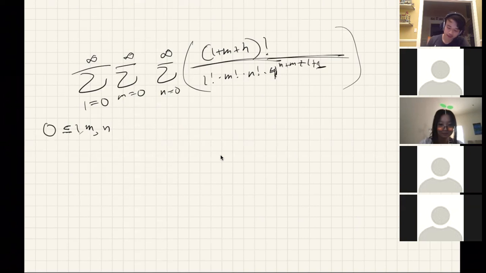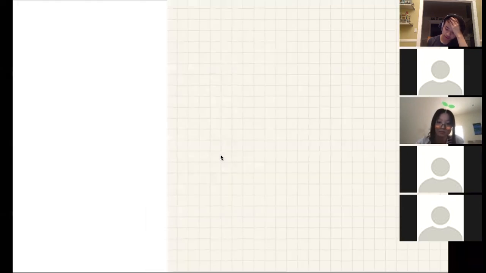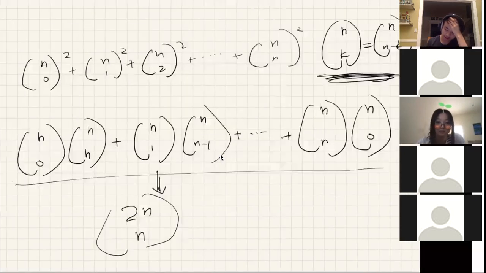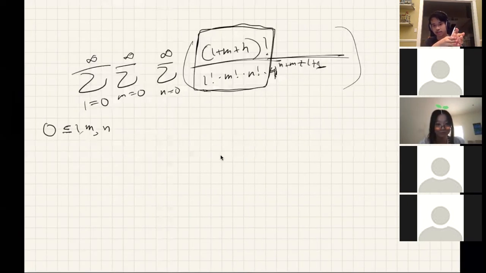This sum is a little bit scary, but you can start by thinking about how to interpret it. Once again, when you're dealing with factorials, what I always encourage you to look for is a counting interpretation.